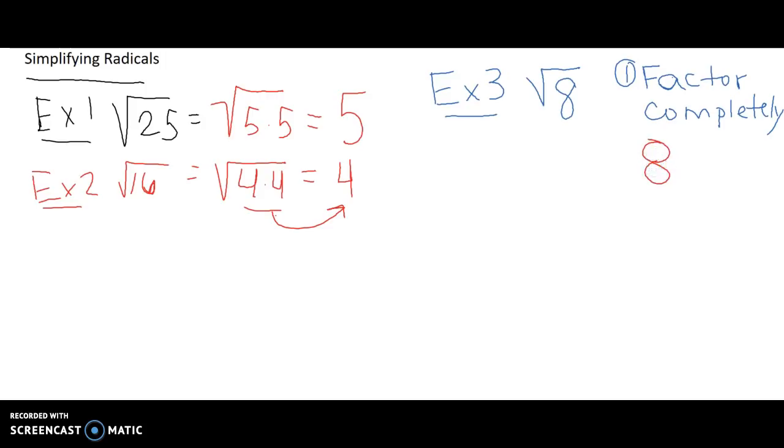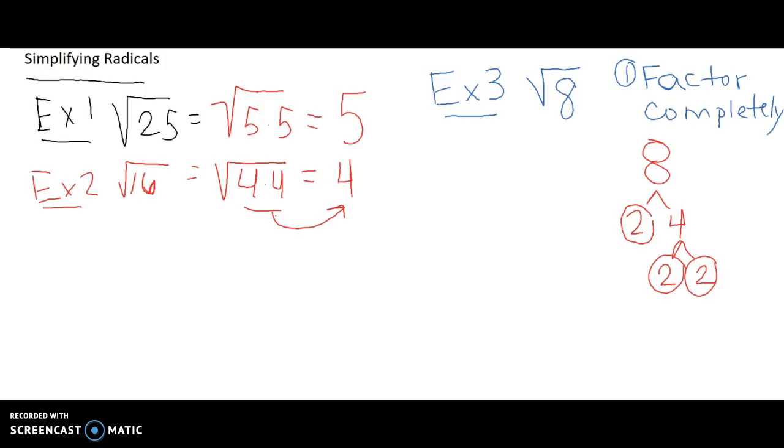We're going to do the factor tree where we're saying 8 is 2 times 4. 2 is a prime factor, so it can be factored no more. And then 4 can be factored a little bit more. 2 times 2. And now 2 and 2 are prime numbers.